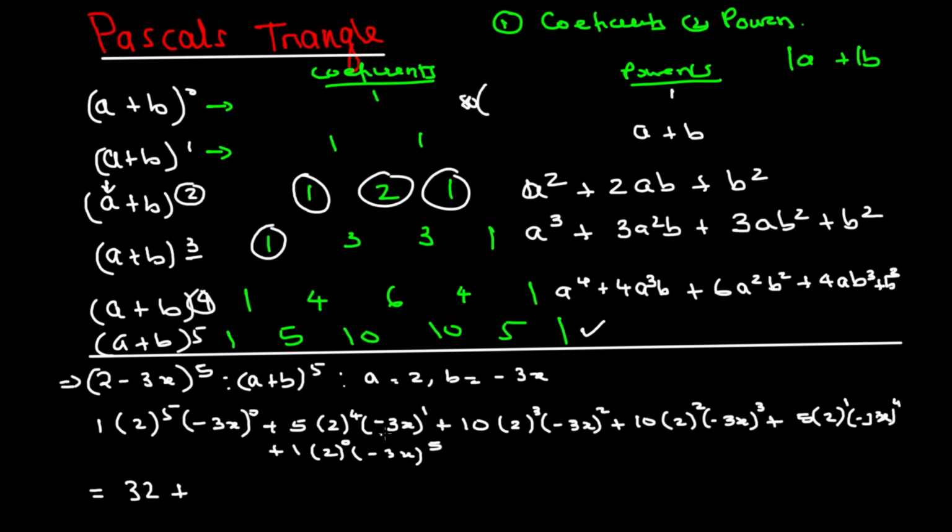Okay, and then this power 1 is minus 3x. We multiply these two, we get minus 240x, because the power of x was 1 here.